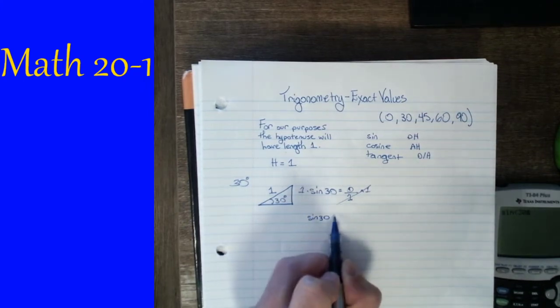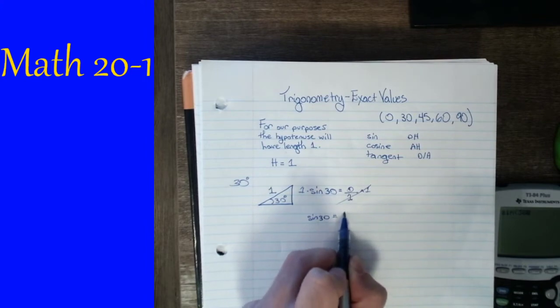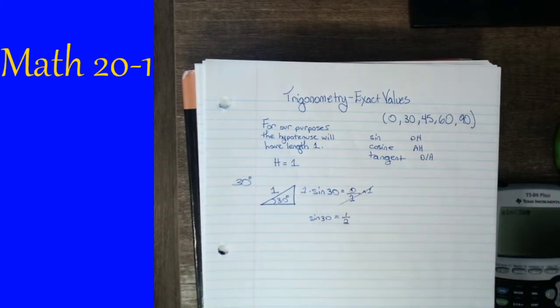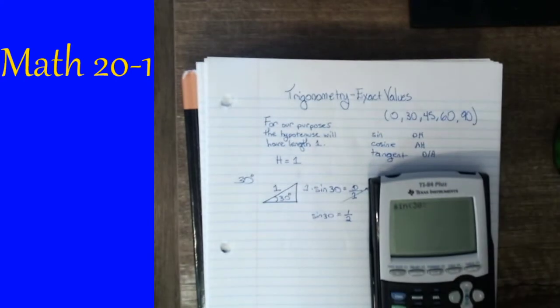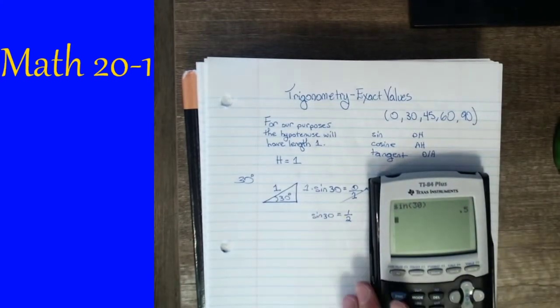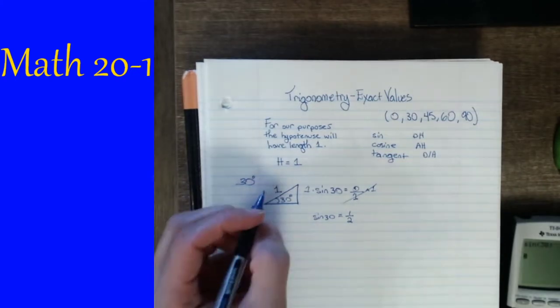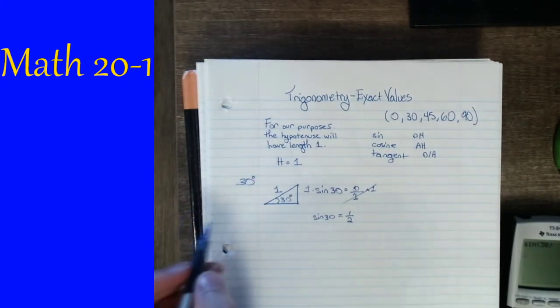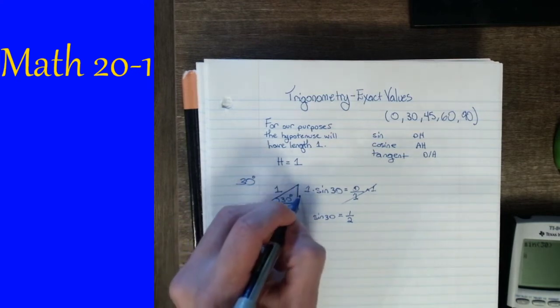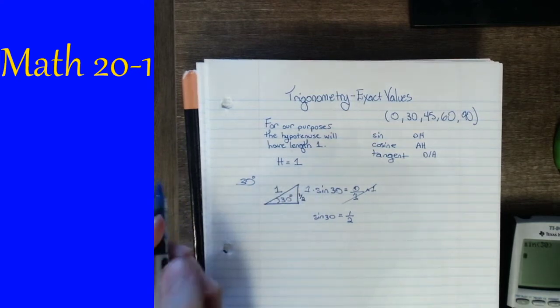Our calculator will give us a value of 0.5 or a half. I always like to double check, but we get 0.5 or 1 over 2. So here we can start to fill in our triangle a little bit. The opposite side is 1/2.